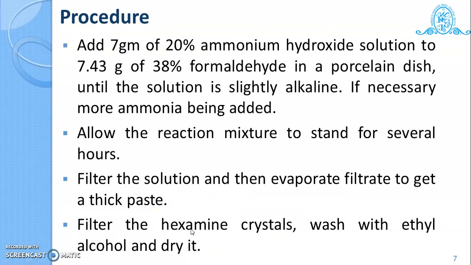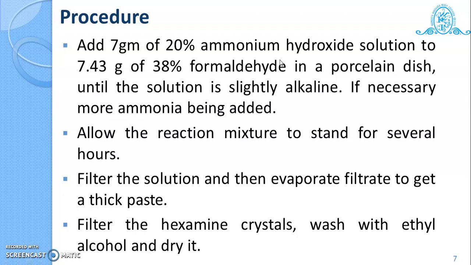Now students, let us see the procedure for practical. Here we add 7 gram of 20% ammonium hydroxide solution to 7.43 gram of 38% formaldehyde in a porcelain dish until the solution is slightly alkaline. If necessary, more ammonia may be added.